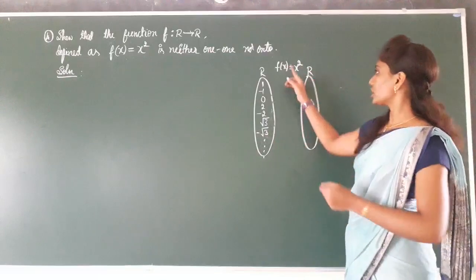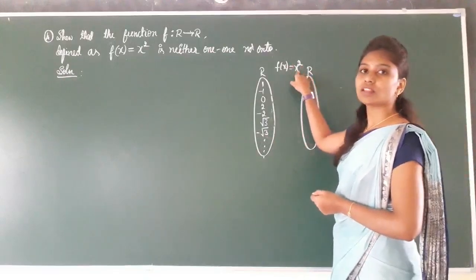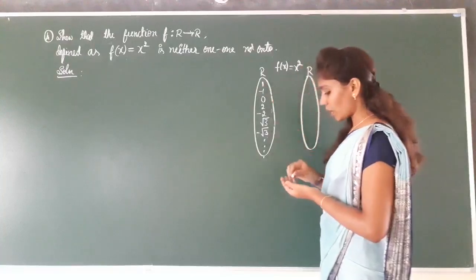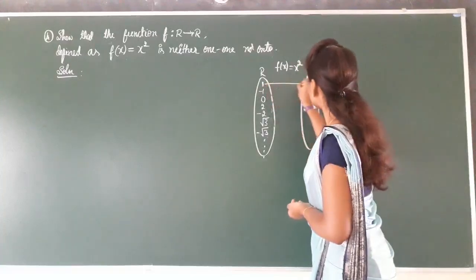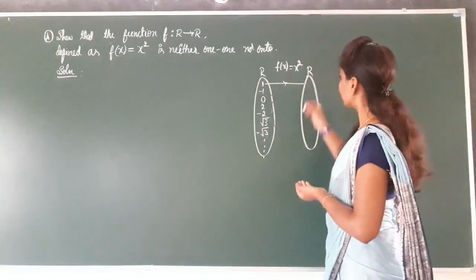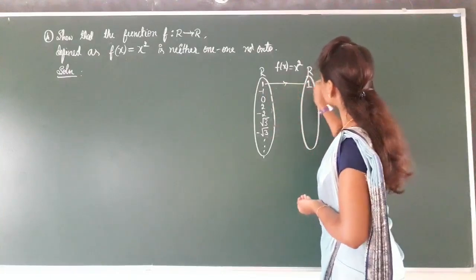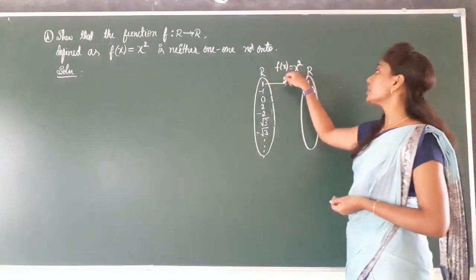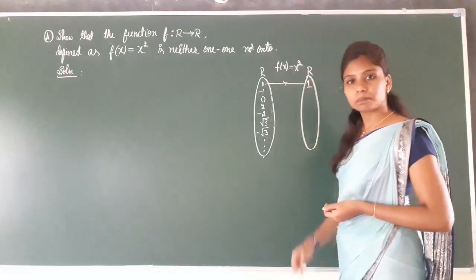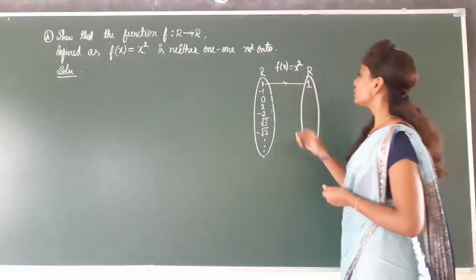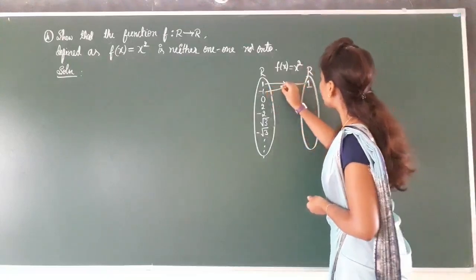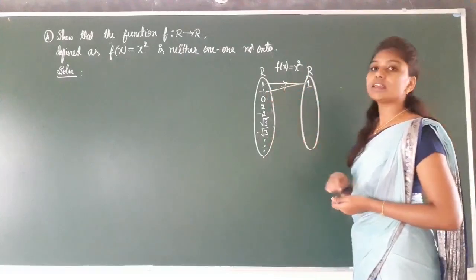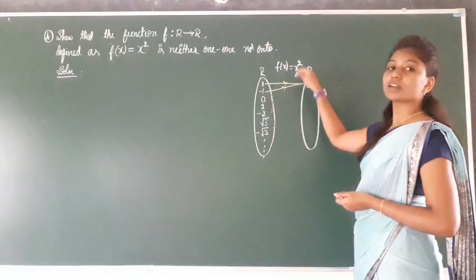Observe it. If you put 1 here, 1 square, what we got? 1 only. So 1 is mapped into the element 1 only. If you put minus 1 here, what we get? Minus 1 whole square, that is plus 1, right? So minus 1 is also mapped into plus 1 only. 0 is mapped into 0 square, that is 0.